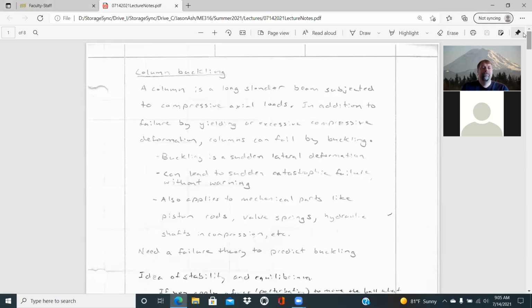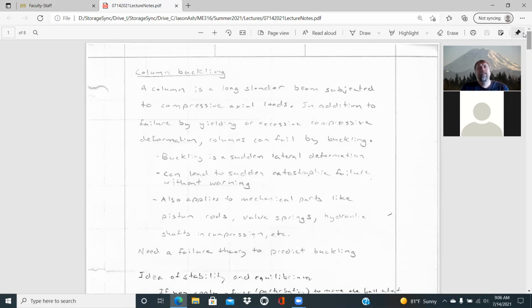The easiest way to recognize that is to think of a yardstick. If you pull on it in tension, you can pull until you're blue in the face and nothing's going to happen. But as soon as you place it against the floor and place a compressive load on it, you'll see that it buckles out to the side, and it wouldn't take much force at all to cause it to break, just because you are developing a large bending moment as it deflects in the lateral direction.